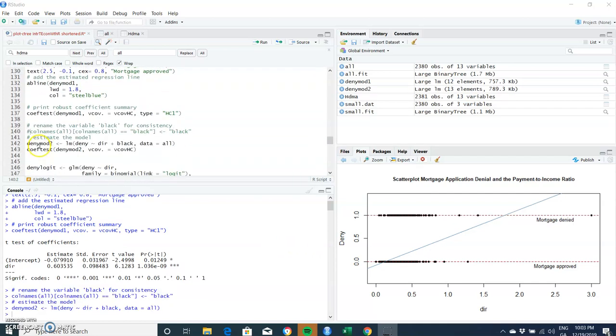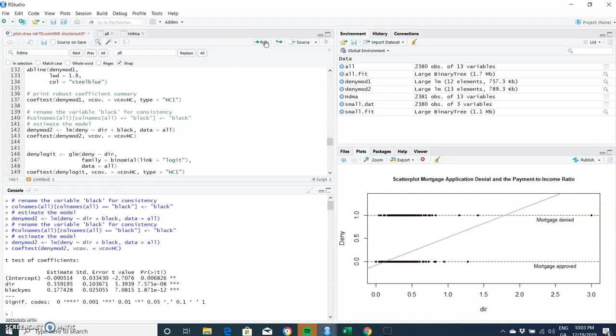Okay, so we can develop another model, a little bit more complex now. We run a regression model where we try to explain the dependent variable, again with the ratio of total monthly debt payments to total monthly income and black, with our data equal to all, and let's just run that model and get our output. You can see that again DIR is positive. The higher this payment, the more likely it is that we will be rejected.